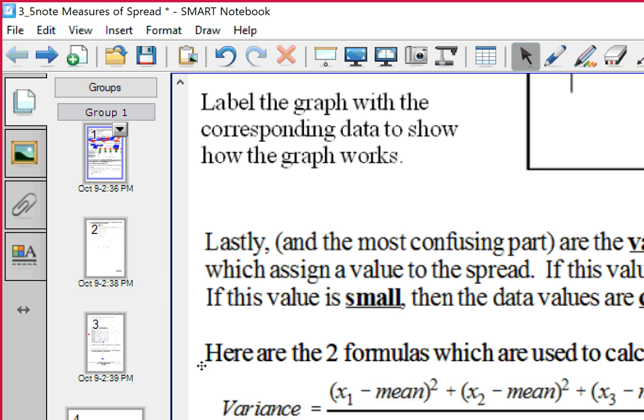Now, a variance doesn't really mean much. All it does is give us an idea of how spread out the information is. But something even better than the variance is the standard deviation. The standard deviation is nothing more than the square root of the variance. So this variance that you calculate, all you have to do is square root it.